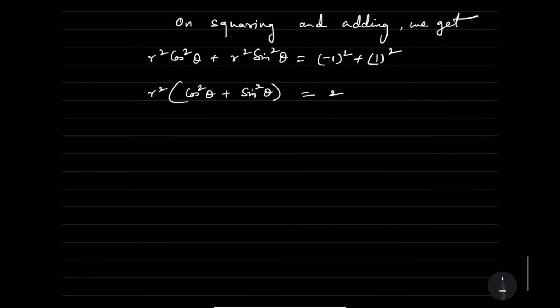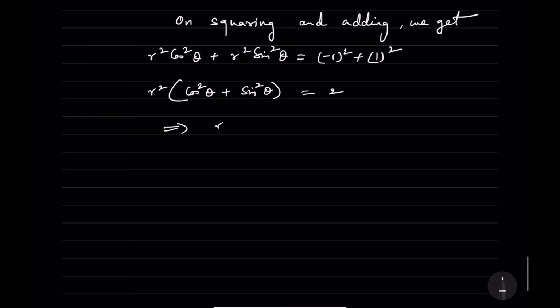So here you can take out r square common, so you are going to get cos square theta plus sin square theta is equal to 1 plus 1, that is 2. So therefore this implies that r square is equal to 2, which implies r is equal to root 2.